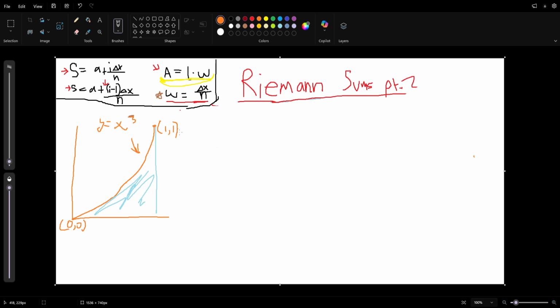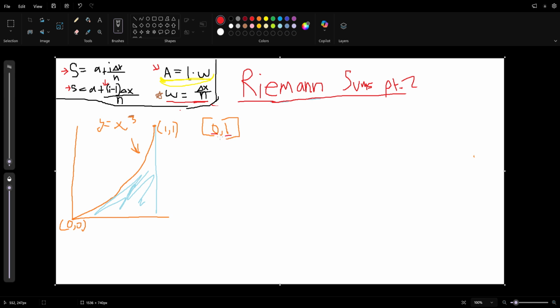Okay, so we want to find, obviously, the area, and the area is length times width. We can find the width pretty quickly since we know that the interval is between 0 and 1. So, we can do the formula delta x over n.